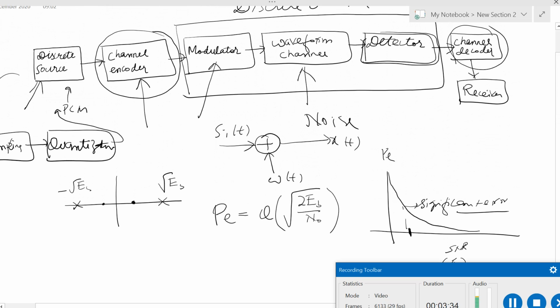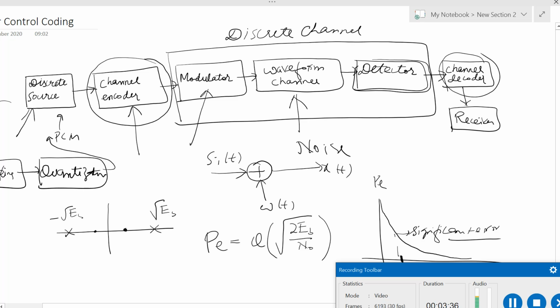But I have written one more thing. I have written here discrete channel. Because if you look at this point, you have binary zeros and ones available. Even the channel encoder, what it does is it adds extra bits, as you will see.